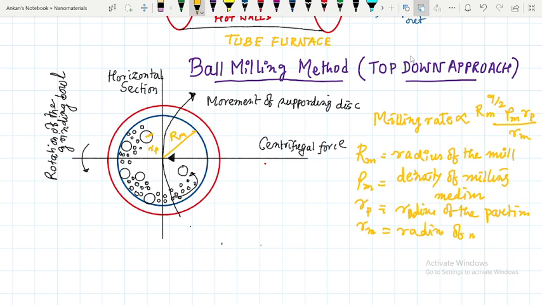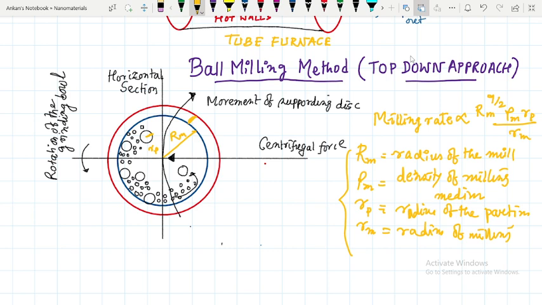So these are all the things we should keep in mind while discussing the milling rate.